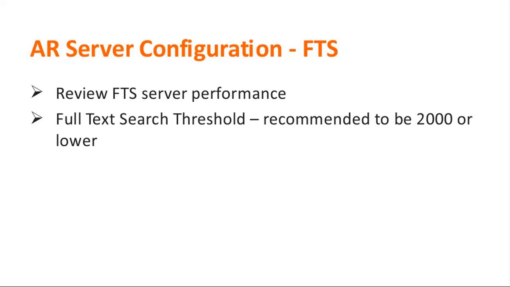So the lower number will greatly improve the performance. If returning the resources section in Smart Recorder is taking time, or if returning the tickets on the ticket console is taking time, you should review this setting.